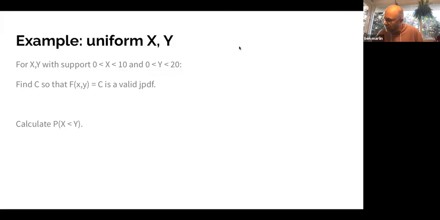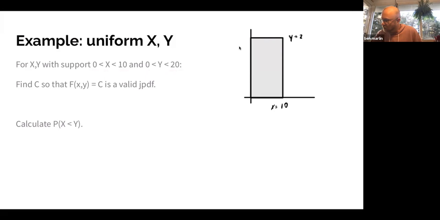So if I drew a picture of it real quick, I know that the interval I've got for the X's needs to be much more narrow than the interval I've got for the Y's. And so it would look something like that, all right? So that's X equals 10, and this is Y equals 20.